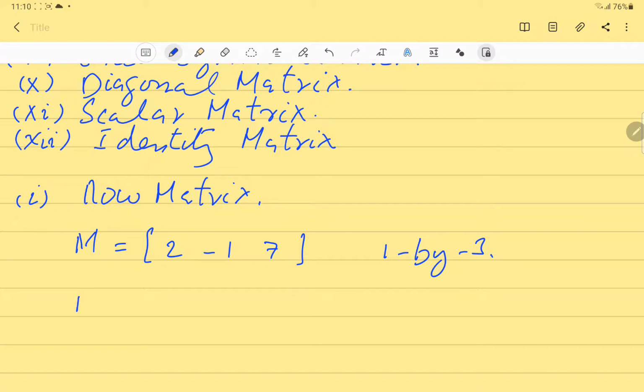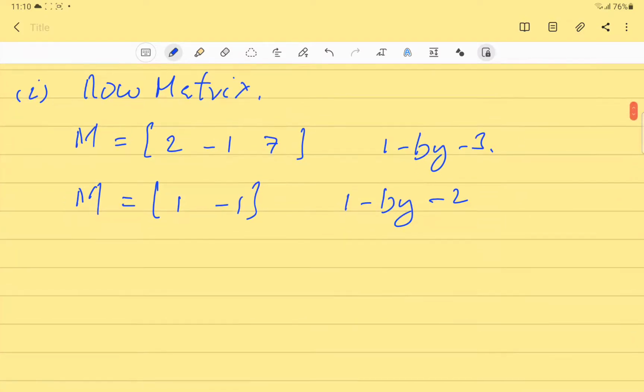Let's take another example. Suppose M is equal to 1, -1. This is again a row matrix and the order is 1 by 2. Our second type is column matrix.